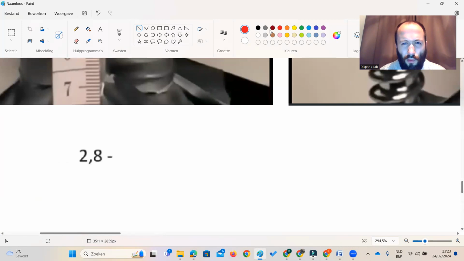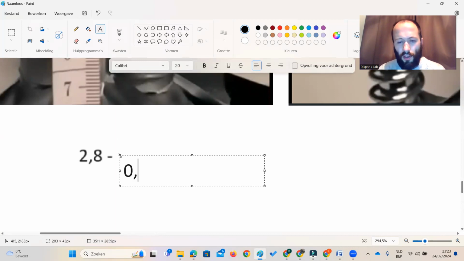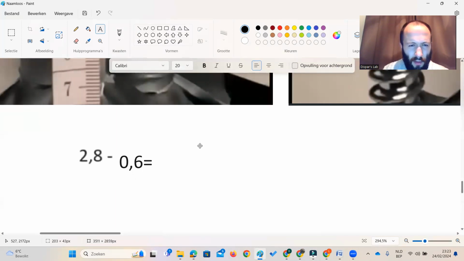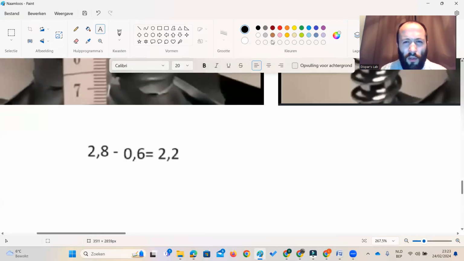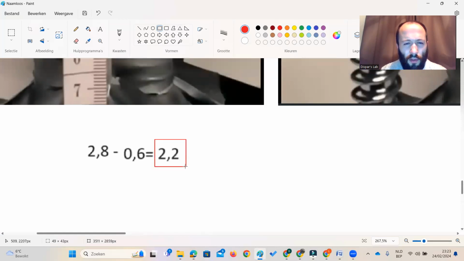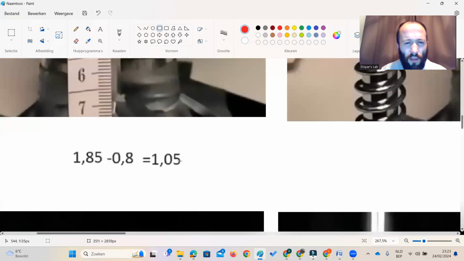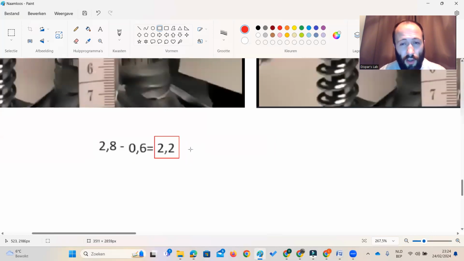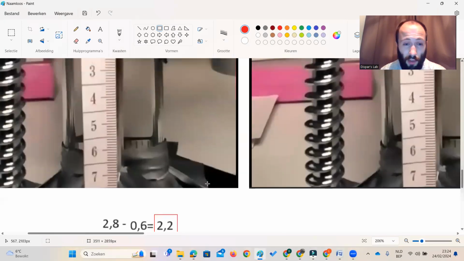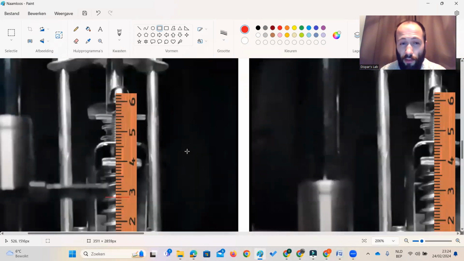So what is that? 2.2. So we have 2.2 over here. And over here we have 1.05. So 1.05 times 2 is 2.1. So we have 2.1 versus 2.2. So it's pretty much twice as much, almost exactly twice as much. 1.05 versus 2.2.